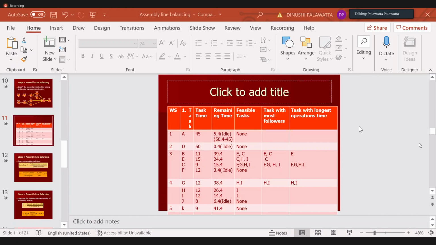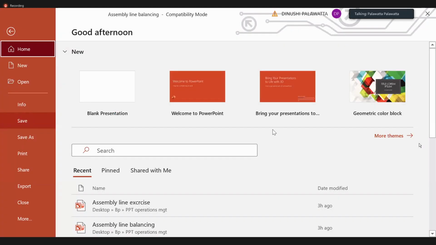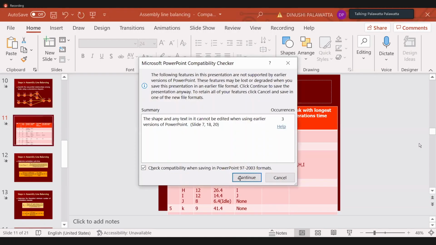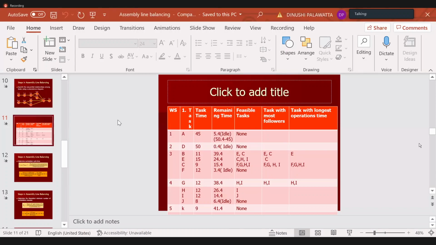But once we balance the line, we are not sure whether we will get the optimal cycle time. If we get the optimal cycle time, let's say in the 3 workstation scenario, the efficiency of the line will be very high. Efficiency will be near 100.